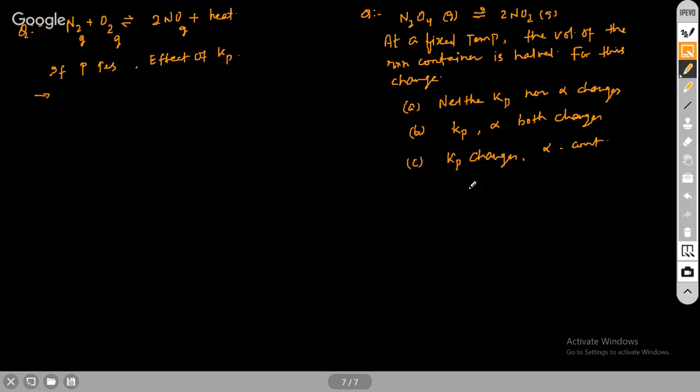Option D: Kp constant, alpha changes. Which of these is possible?